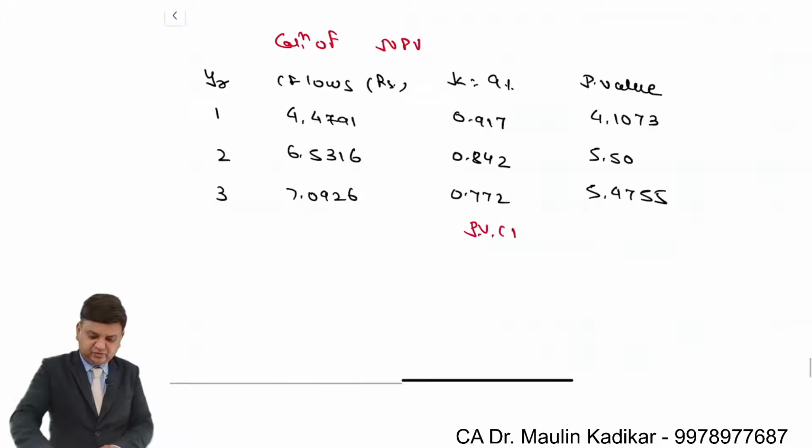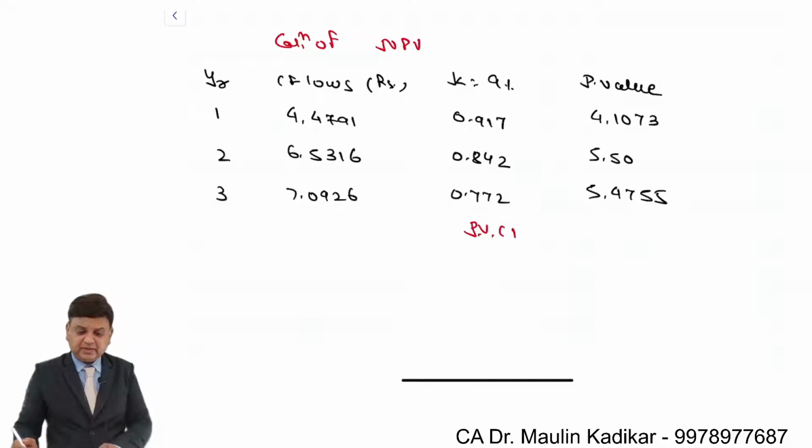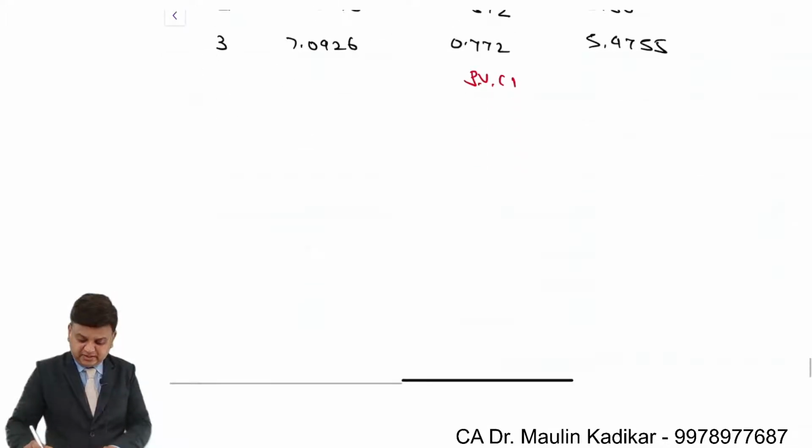Present value of the cash inflow: 4.1073 plus 5.5 plus 5.4755, 15.0828.